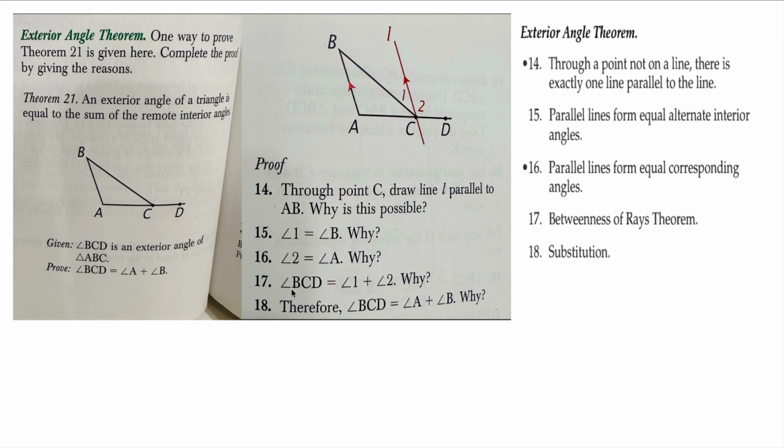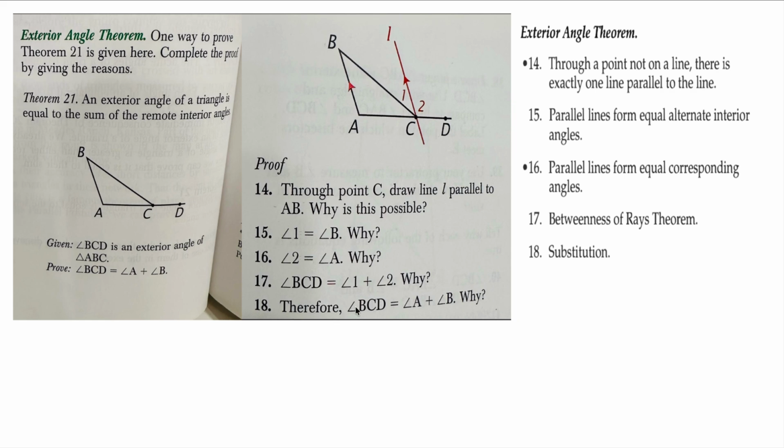17. Angle BCD equals angle 1 plus angle 2. Well, do you see this angle and a ray between it? It is the betweenness of rays theorem. So if a ray is dividing an angle, we have 1 and 2 parts that add up to the entire angle.